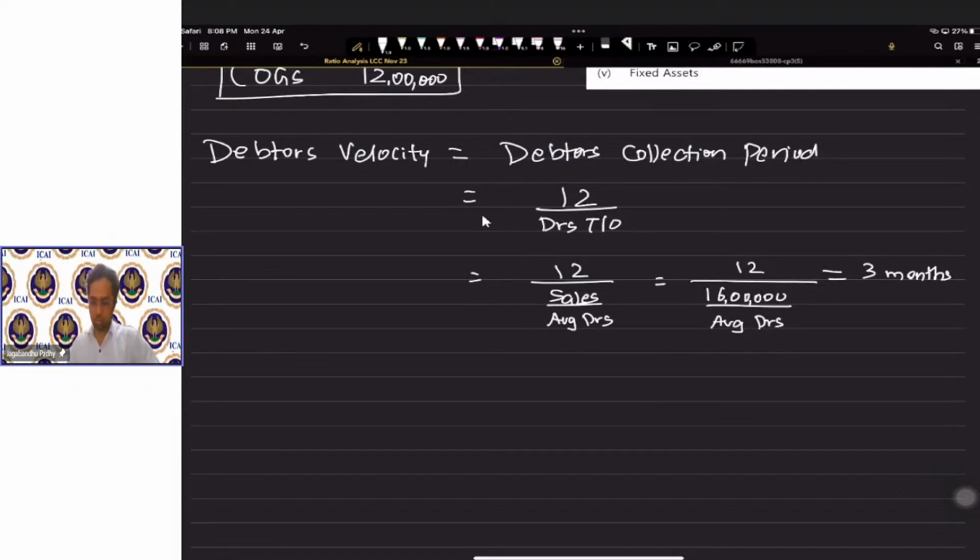In the debtors turnover, I have told you that it is sales upon not just the average debtors, but rather debtors plus bills receivable. So instead of saying debtors, we actually call it average receivables.